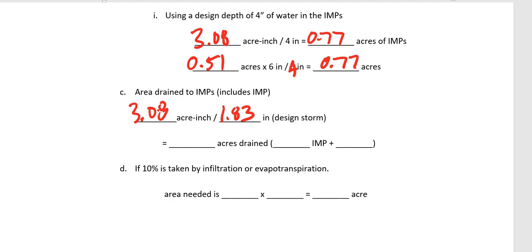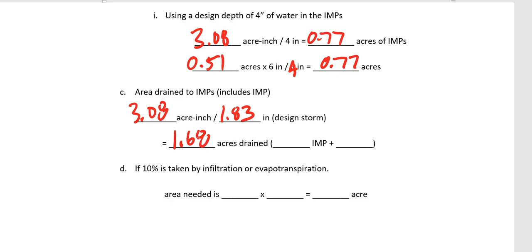So that gives me 1.68 acres drained. If I can have 1.6 acres of my site drain into that IMP, I can accomplish my goal of storing that water. And I said one, but I could break this up into a number of pieces.